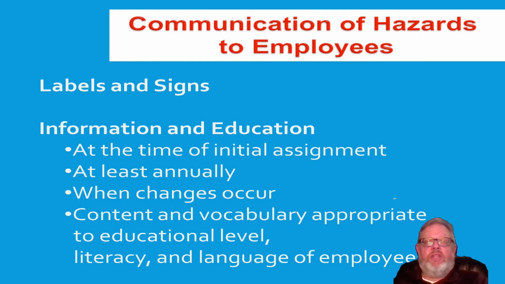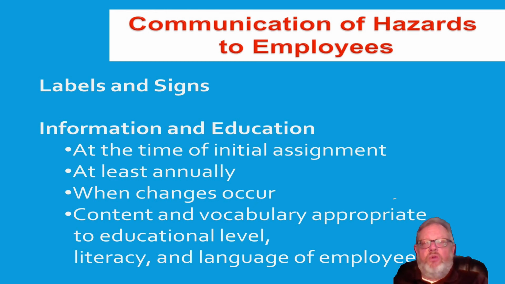Besides this, we also need to make sure that we discuss in our training environments in a language that people can understand. My primary language, the only language I speak, is English.